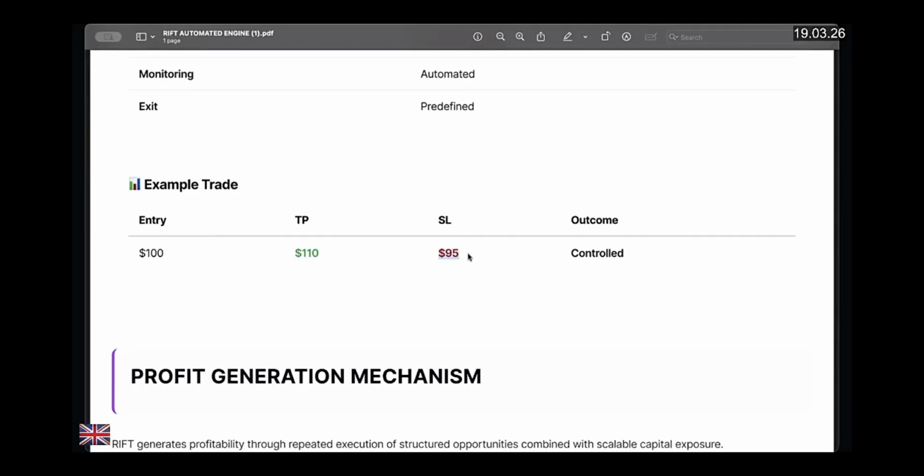At this level, the trades are being closed by the automated trading engine, which makes you $2 profit, as well as prevents you from upcoming loss, which can be executed by the stop loss point, which is a controlled and predefined set system inside the intelligence layer of Rift.